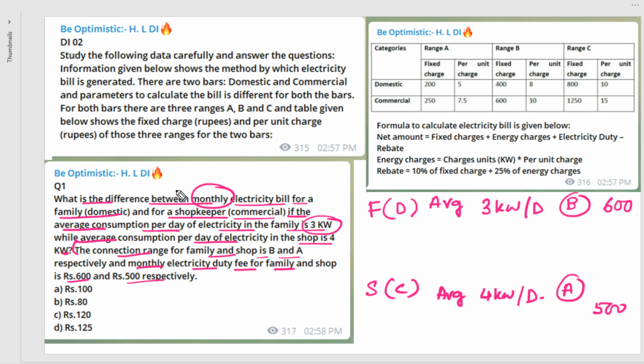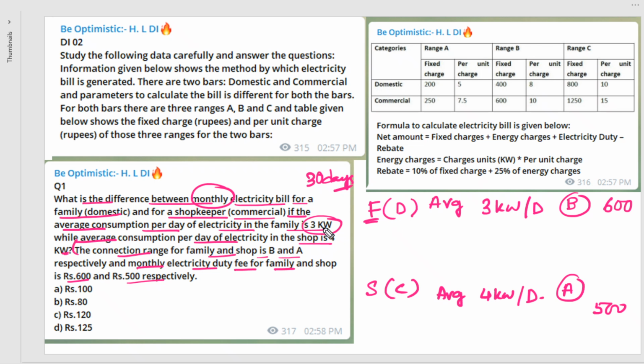If nothing is mentioned in the question, you have to take 30 days in a month. But if they mention the value of the month, then you have to go according to that. So for the monthly electricity bill, here we have taken the month as 30 days. Let's start to see how we can solve this.